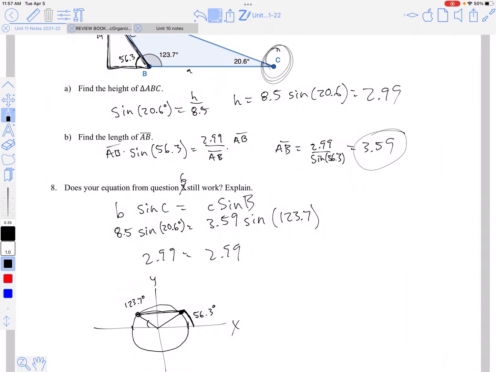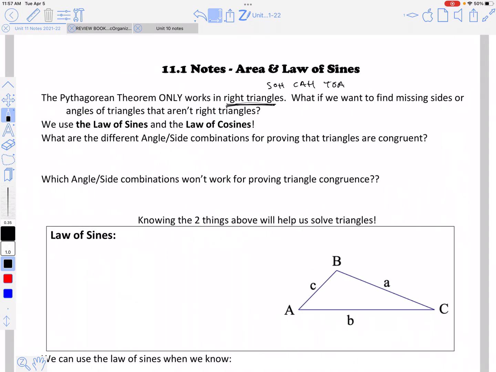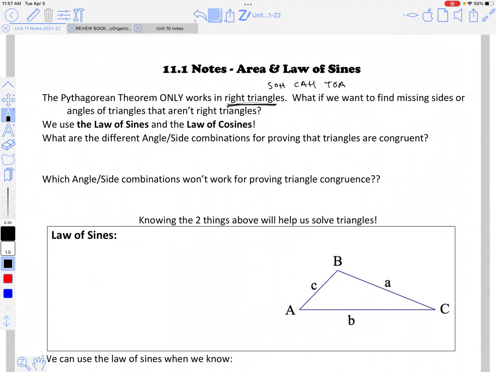The math worked because I created a right triangle. So the problem is the skills we've been learning only work with right triangles. But in real life, you're not going to only work with right triangles. This is why we're learning about the law of sines and law of cosines.